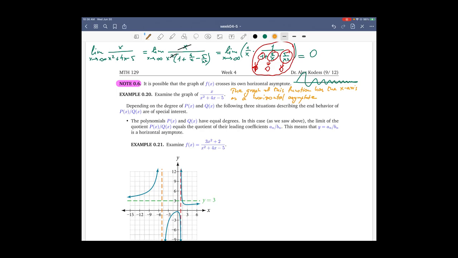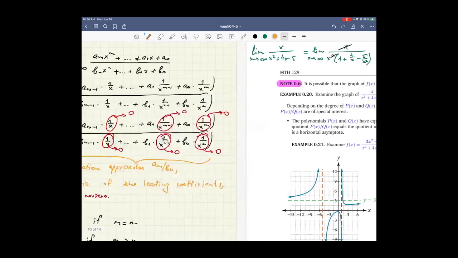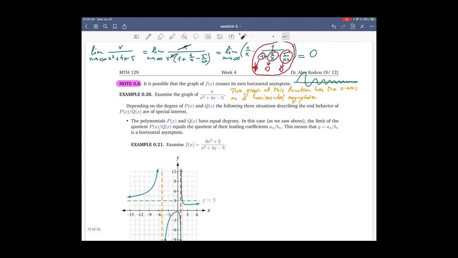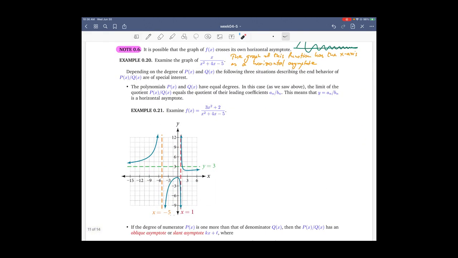Now we look at certain special cases of that big fact that we just established about the limits at infinity of rational functions. Remember, it's either the ratio of the leading coefficients or 0 or infinity. So the special cases are the following. Suppose the top and the bottom have equal degrees.